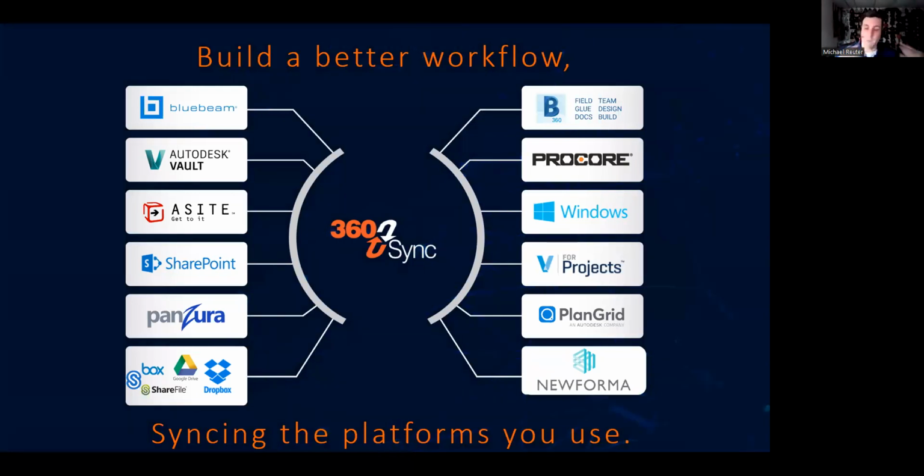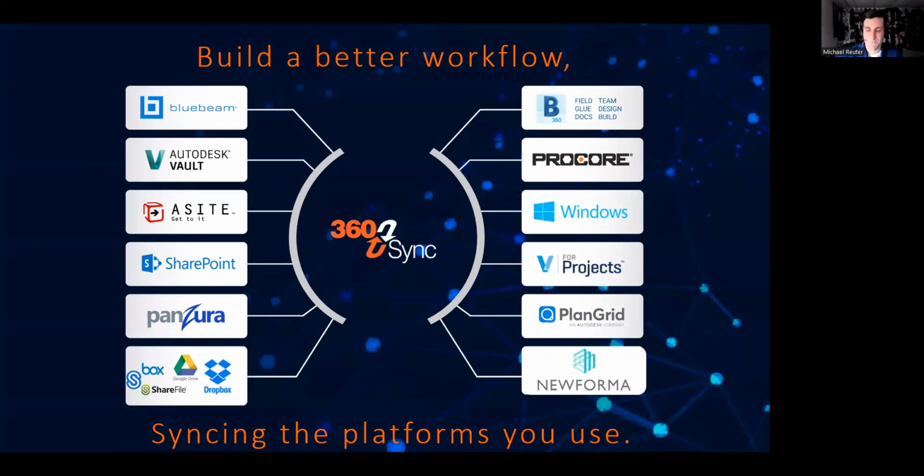Right now, if you're creating an RFI, let's say you're the subcontractor, you probably are going to create it in your document management system. Let's say, for the sake of argument, that is BIM 360. You're going to type out your RFI, save it in BIM 360, and then export that RFI as a PDF.